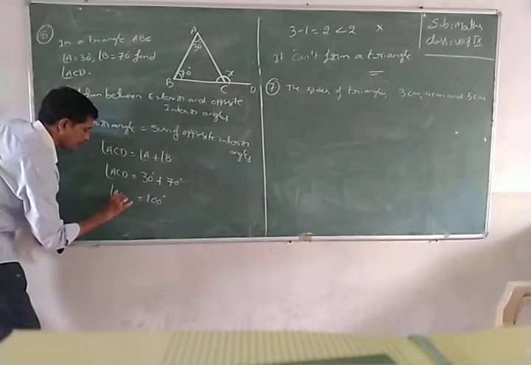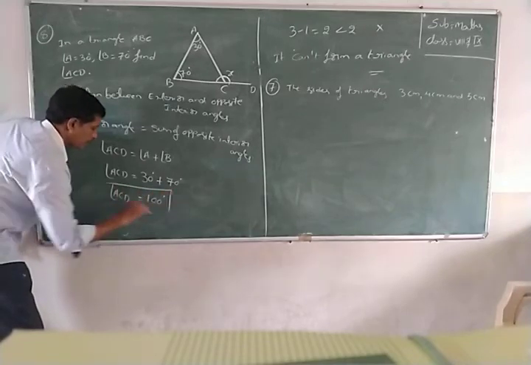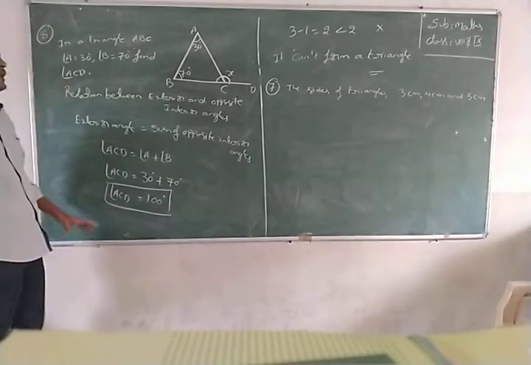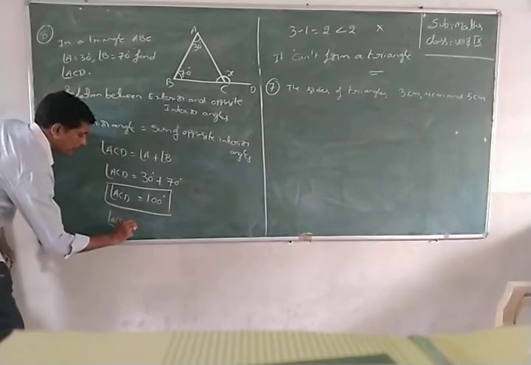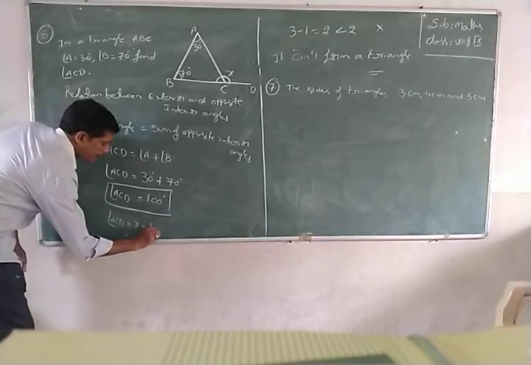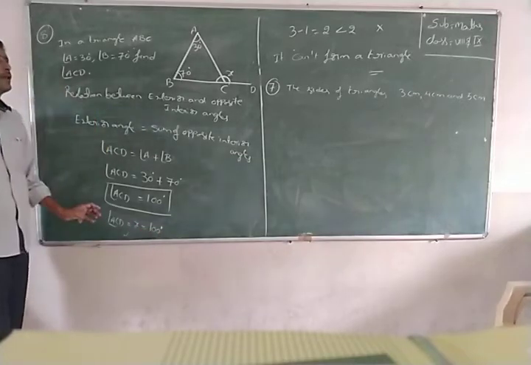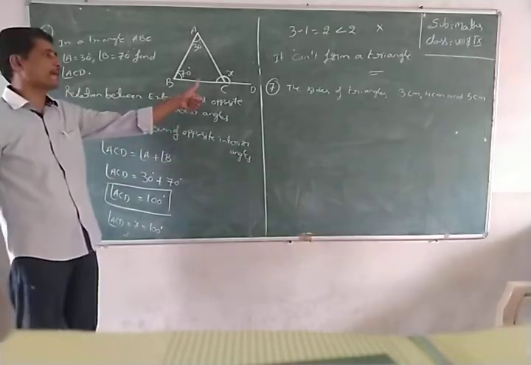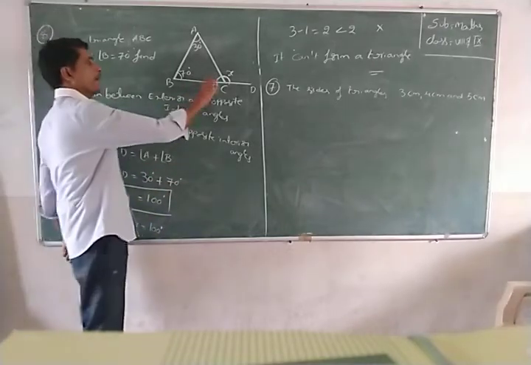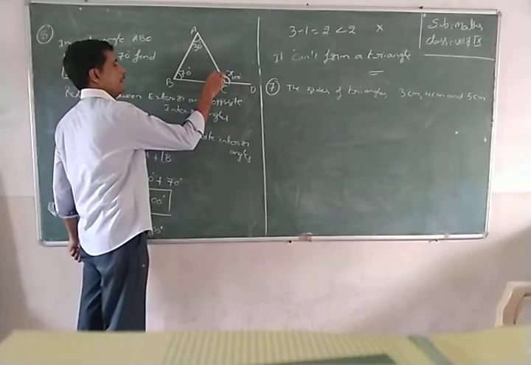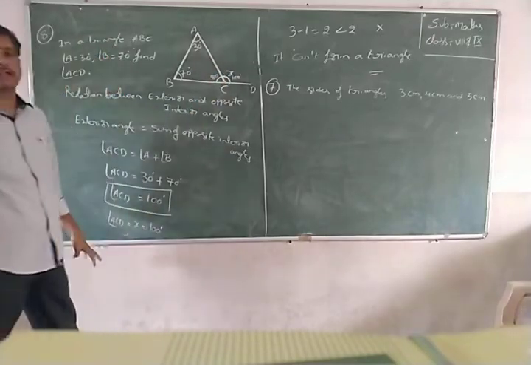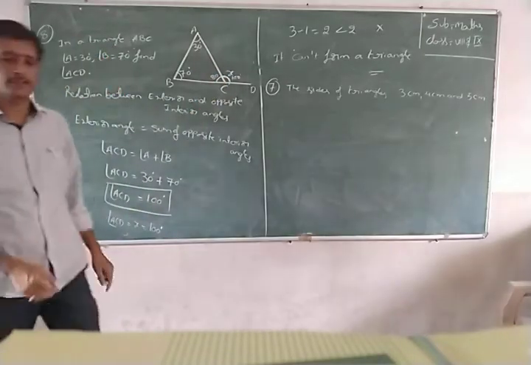Therefore the exterior angle ACD equal to x equal to 100 degrees. Now, to find angle C: here linear pair, this is 100 degrees, therefore this is 80 degrees. So 80 plus 100 equals 180 degrees.